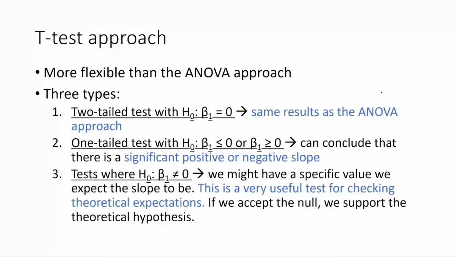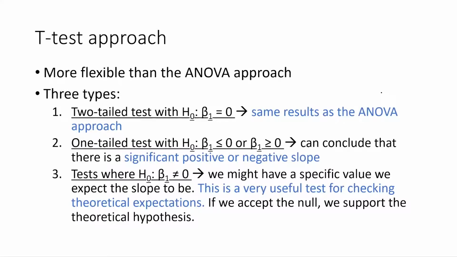Using the t-test approach is a little bit more flexible because you can have other options. You can say that we expect our slope to be less than 0 or greater than 0, so a significant positive or negative slope. You can also have an a priori hypothesis you're comparing it to.